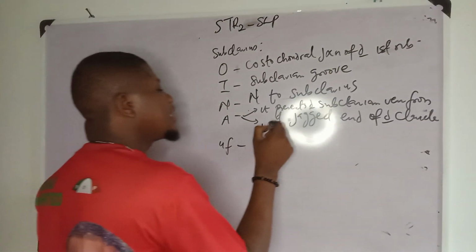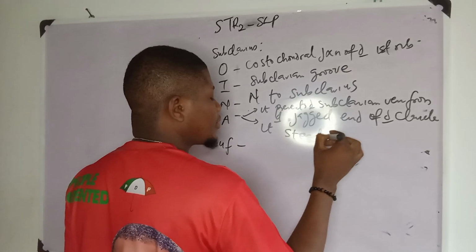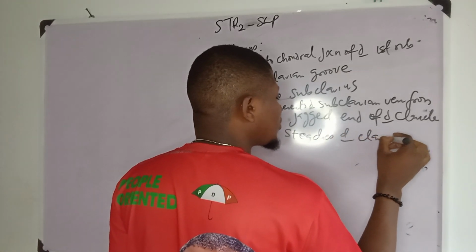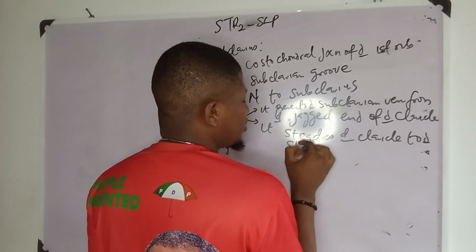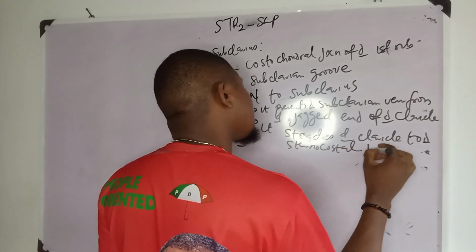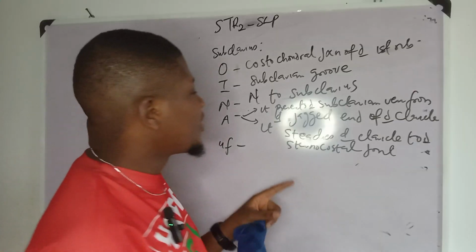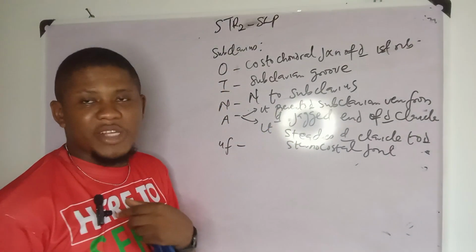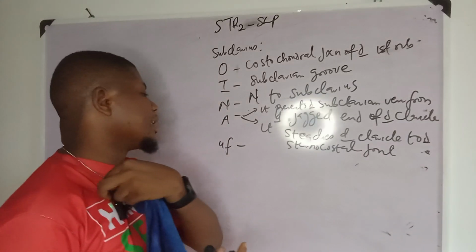The second one is that it steadies the clavicle to the sternocostal joints. So it ensures stability, it stabilizes the clavicle to the what?